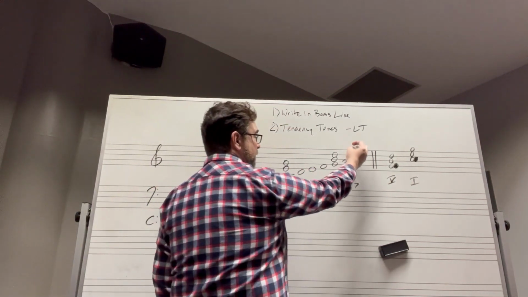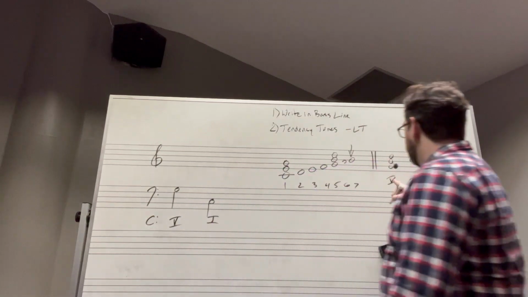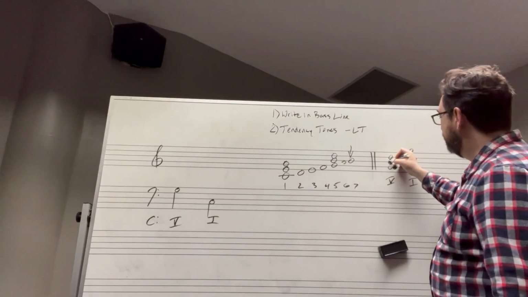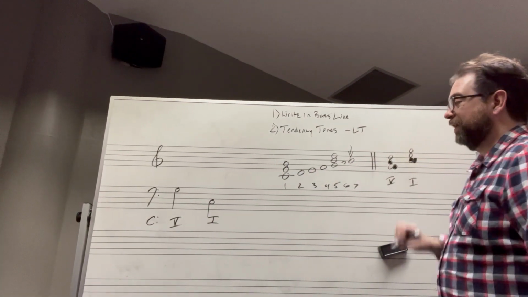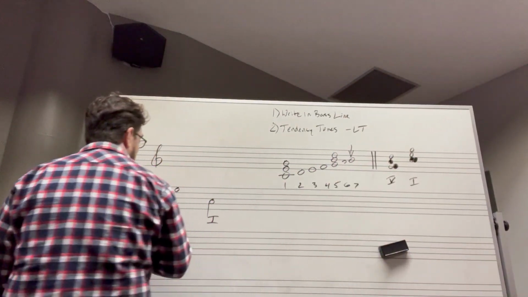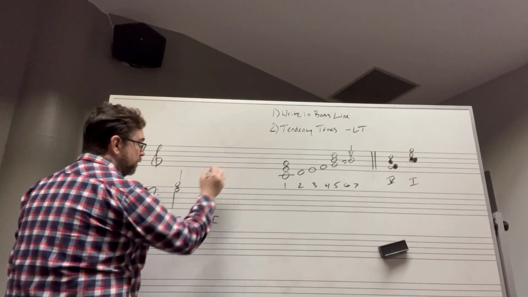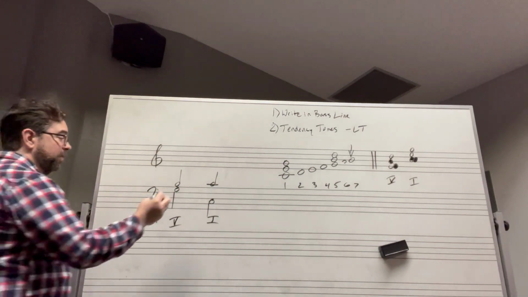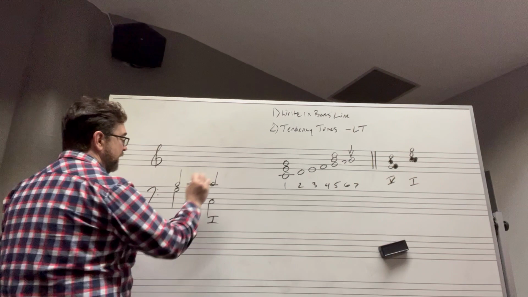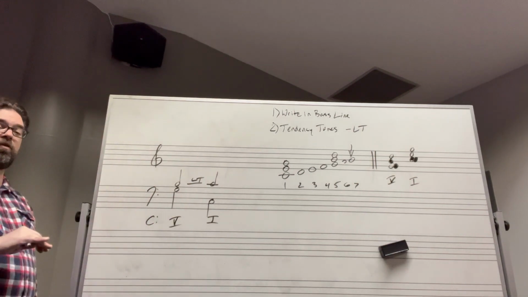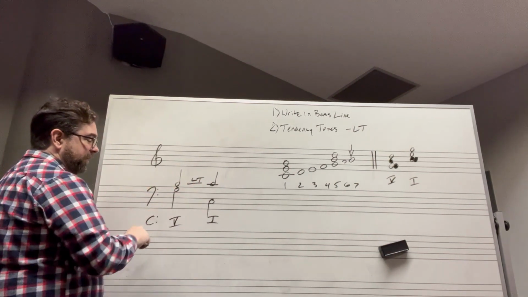So right here, it's our B. So that means this B here has to resolve up to C. If I don't resolve my leading tone, then we don't have a very effective chord progression. There are exceptions for this, but we're not going to talk about those right now. Right now, we're going to do kind of the perfect chord progression where we resolve our leading tone.